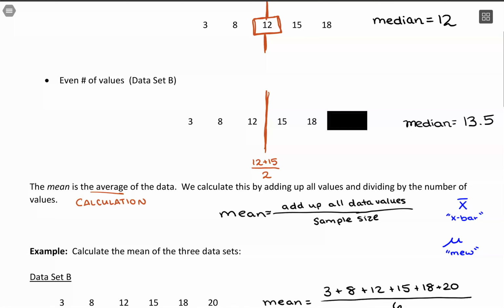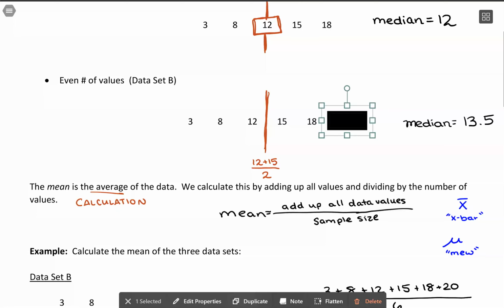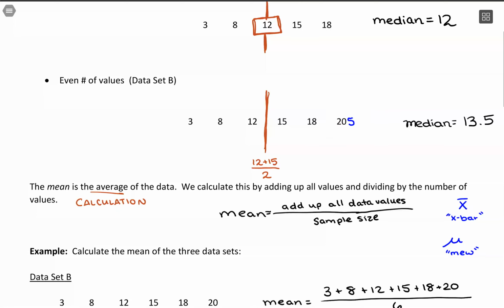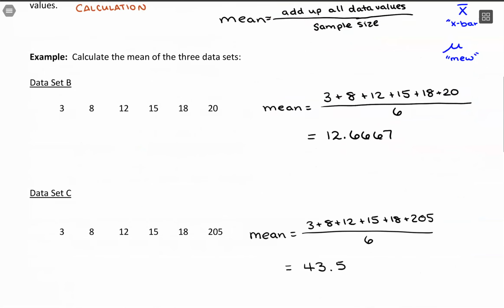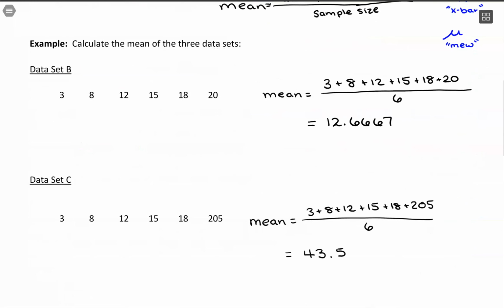Since it's on the edges, the median kind of ignores any outliers or extreme values at the edges. And that's something we're going to talk about because it is important that it does that. However, the mean does not do that. The mean takes into account every single value as part of the calculation. So by adding that into the numerator, the mean and the average grew overall.